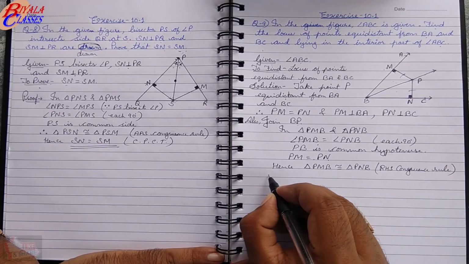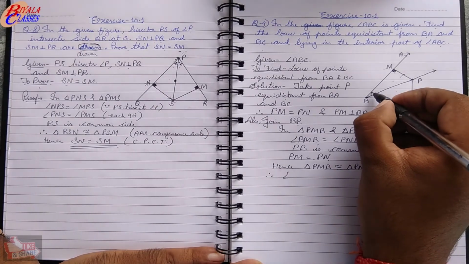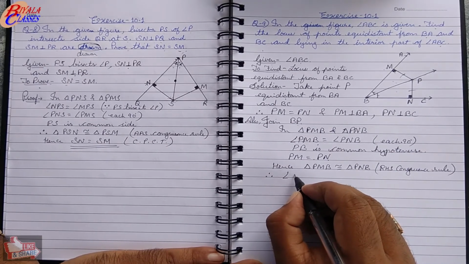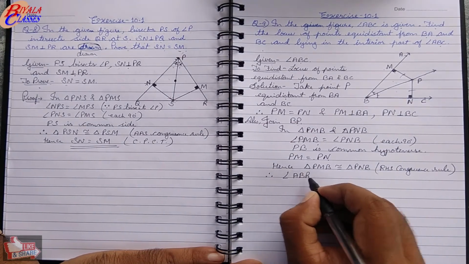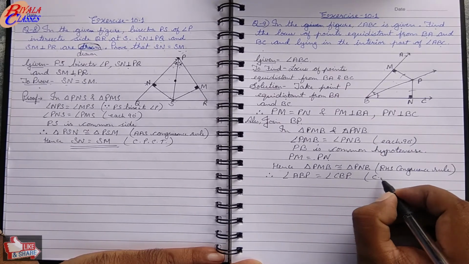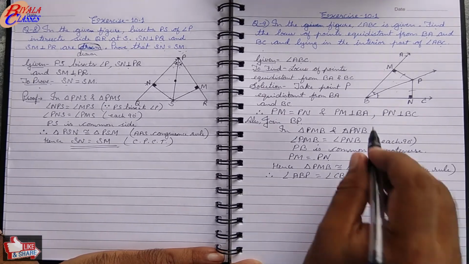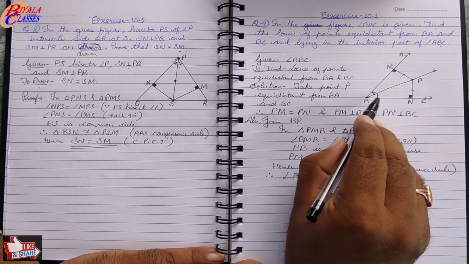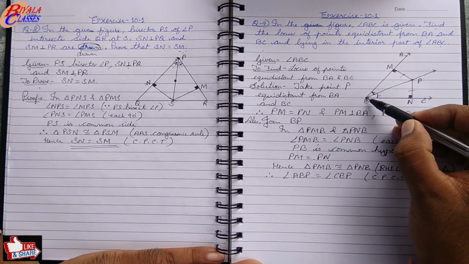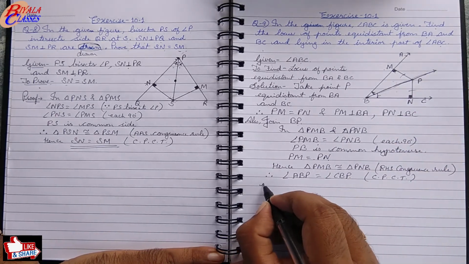Now these triangles are congruent, therefore the corresponding parts of the two triangles will be equal, that is angle ABP is equal to angle CBP, corresponding parts of congruent triangles. These two angles being equal, what about this BP now? If the angles are equal, then BP becomes the bisector of angle ABC.